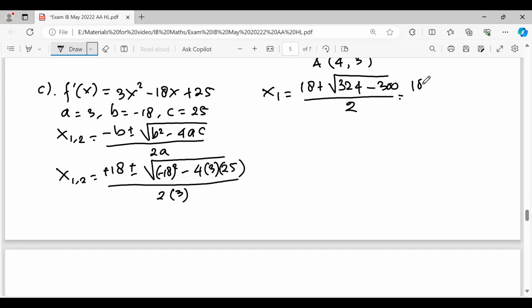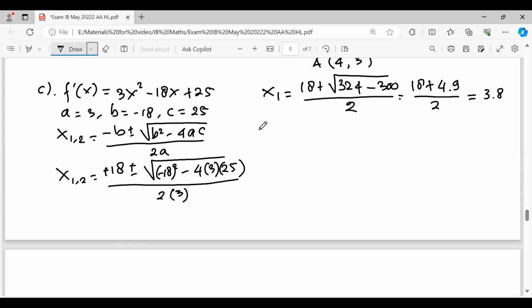So 18 plus square root 24, 4.9 over 2, 3.8. So the first coordinate point, yeah, this x1, we are going to find after this.